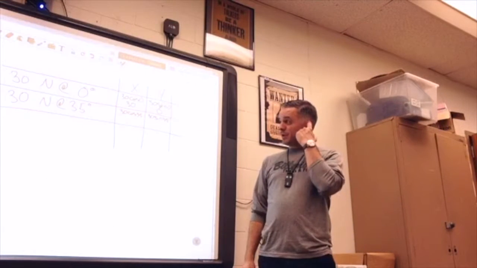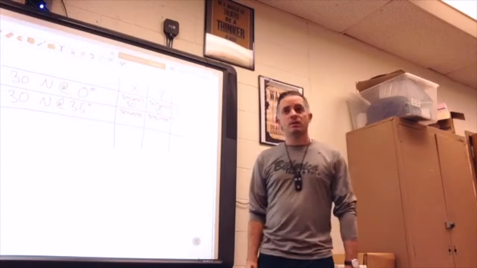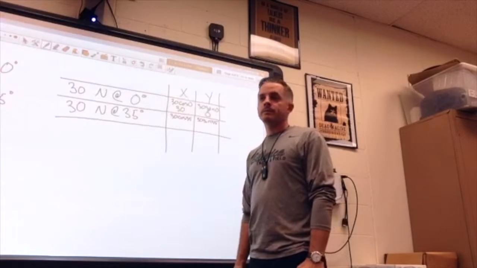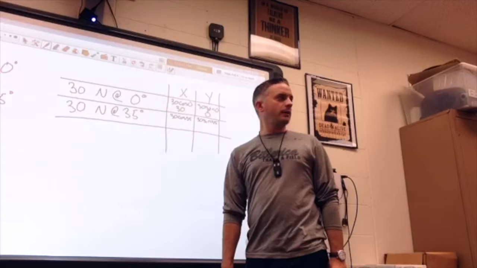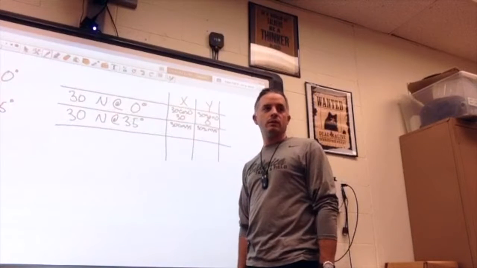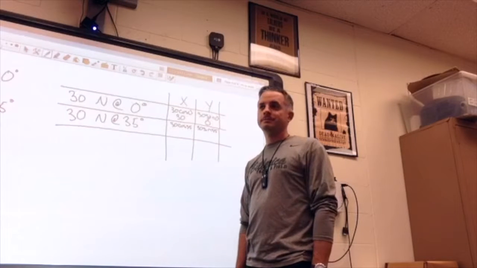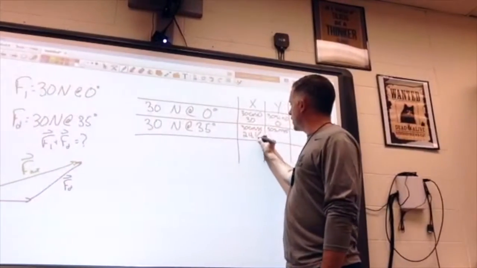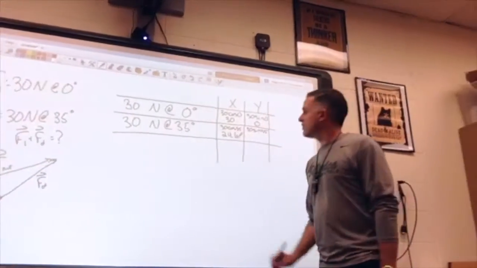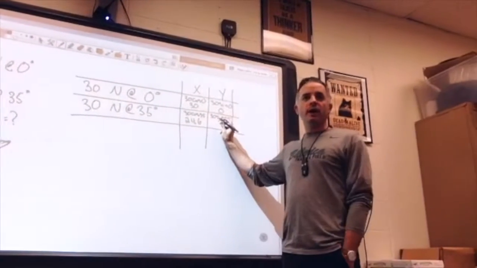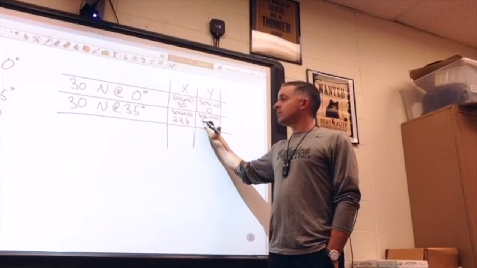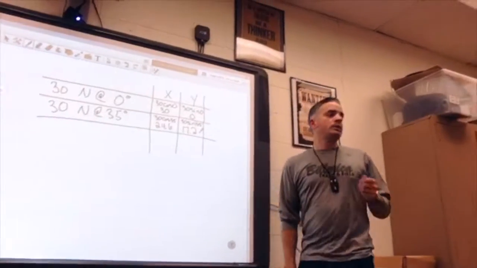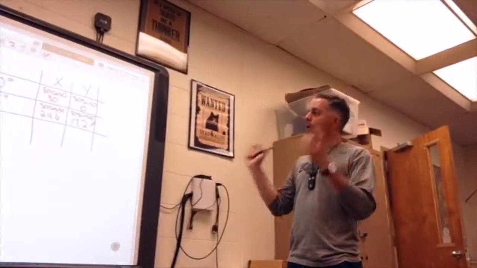You guys want to tell me what 30 cosine of 35 is? 24.57, we'll just call it 24.6. And then 30 sine of 35? 17.2. Okay? So now we have the components of each one.